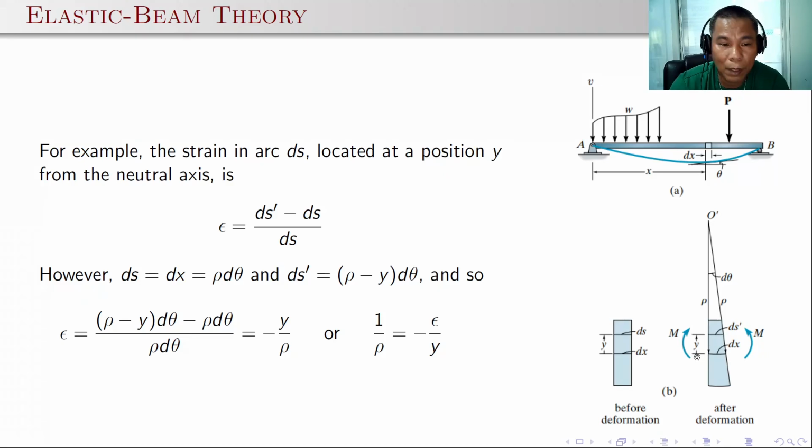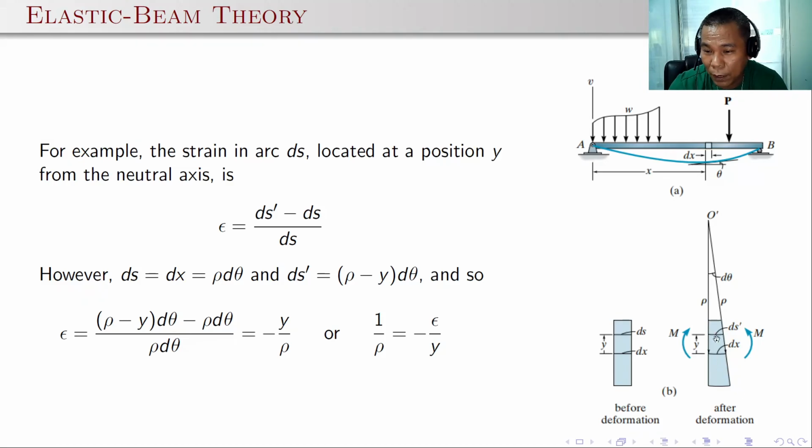However, you have to remember that ds is equal to dx here before the deformation. Ds is equal to dx, which is equal to the radius of curvature rho times d theta, the angle d theta. So this is dx equals rho times d theta.